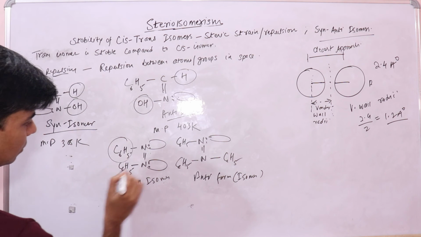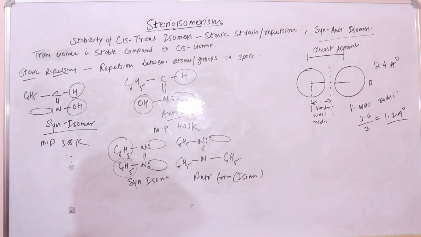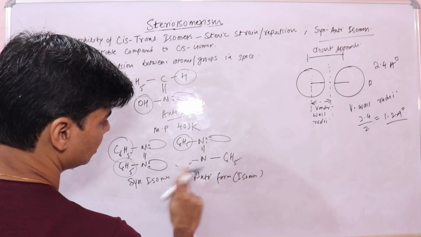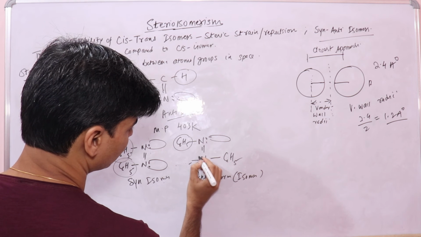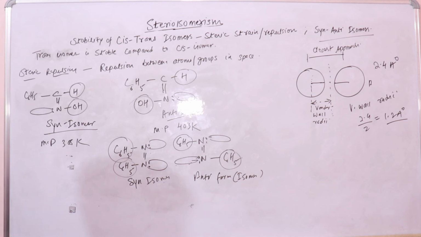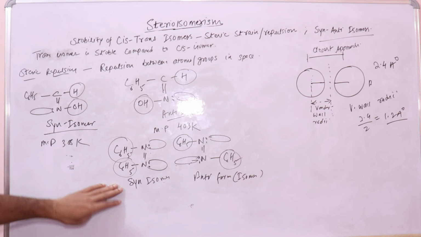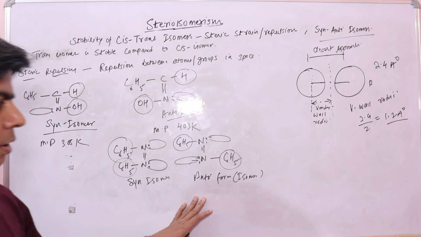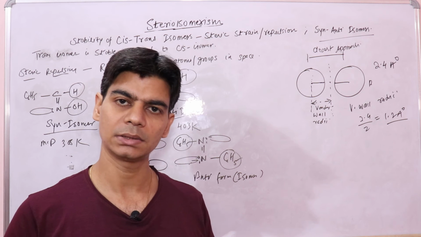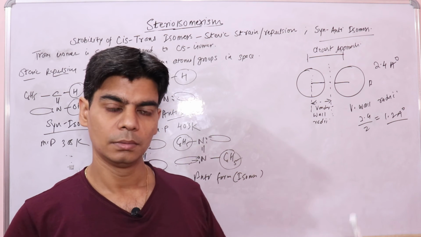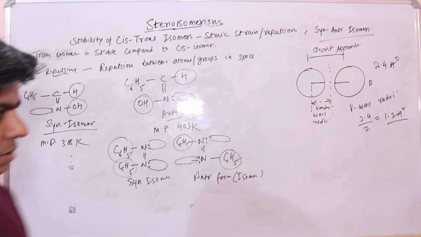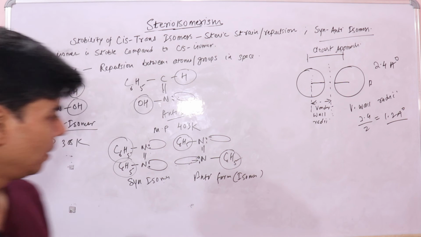Here you have C6H5 on the same side, here you have C6H5 on the opposite side. I'm sorry, this is your lone pair, you have it on the opposite side. So this is your syn anti isomerism, which is the same as cis trans isomerism, right?